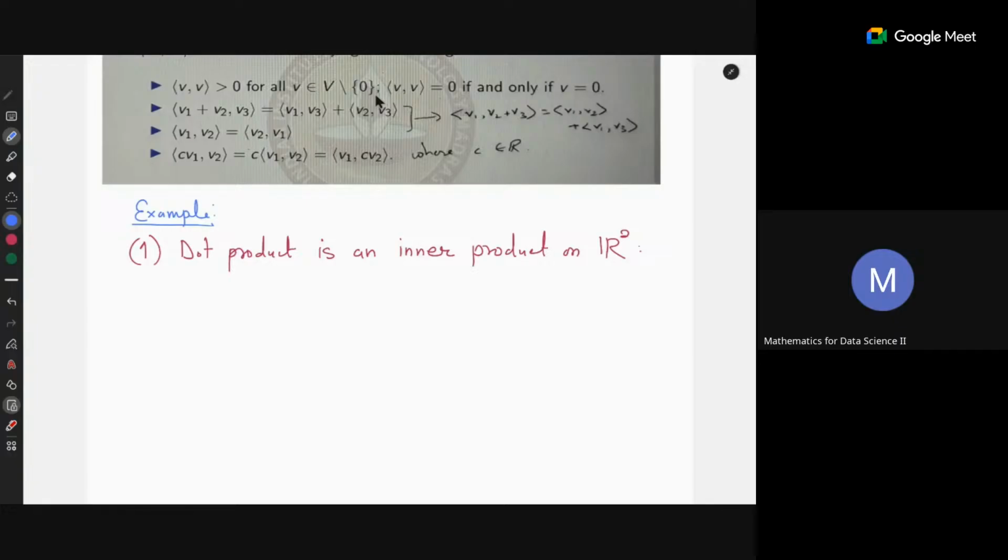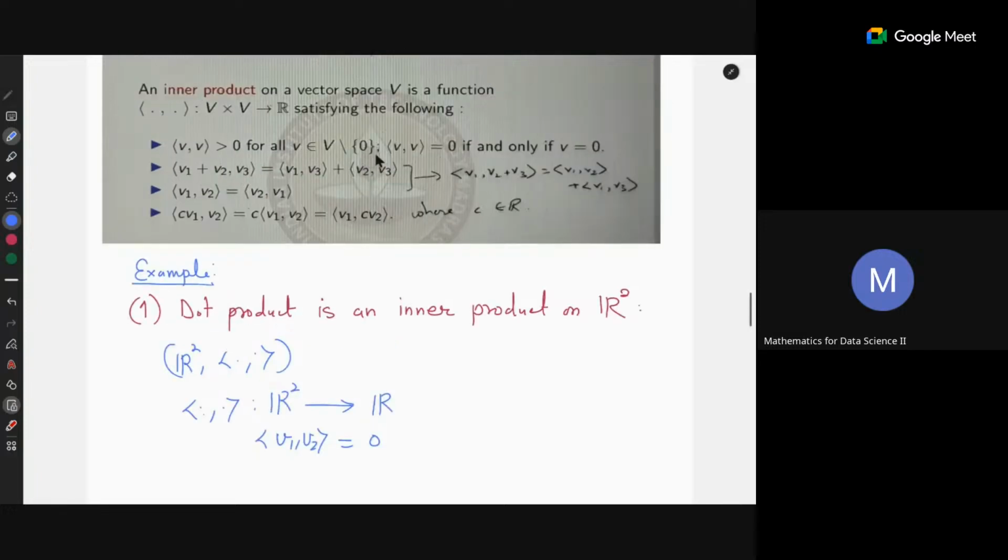The simplest one is you can take any vectors v1, v2 and just map them to 0. The inner product is defined to be 0. Then it satisfies all the properties except the first one.